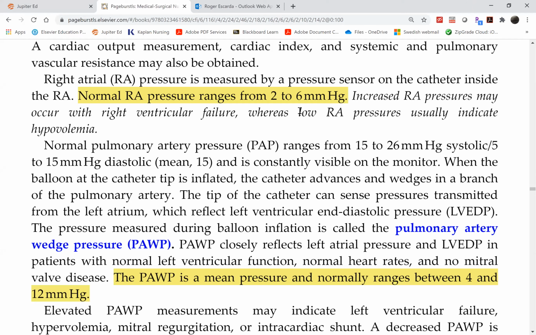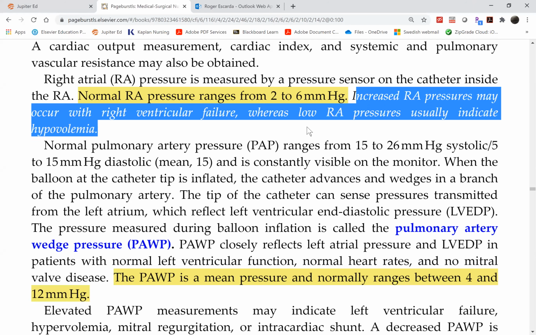As an example here, it tells you that increased right atrial pressure may occur with right ventricular failure, whereas when will you see it low? That means it's less than normal. You gave me Lasix to decrease preload.